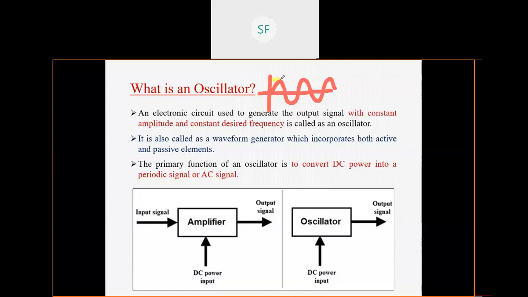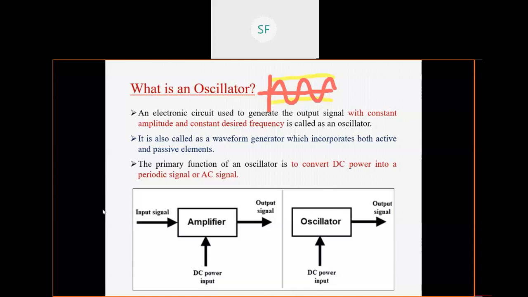You can observe here the peaks are at a constant level. These oscillations we require, and they are called oscillations with constant amplitude and constant frequency. In other words, they are also called sustained oscillations.